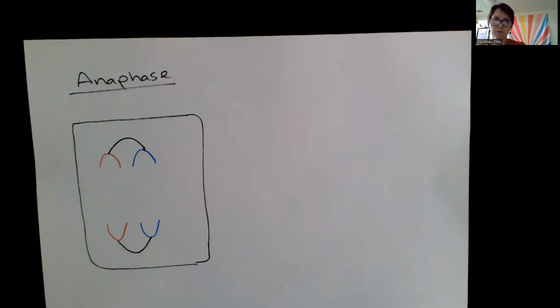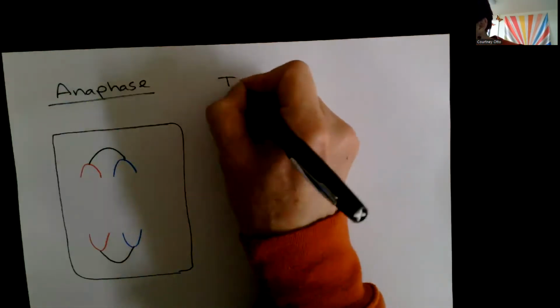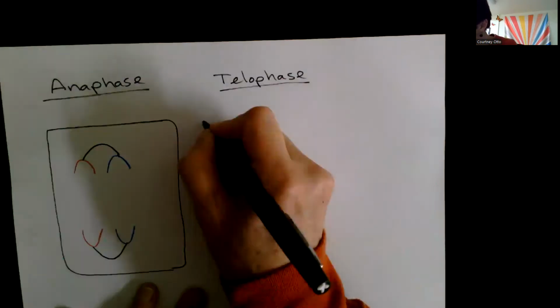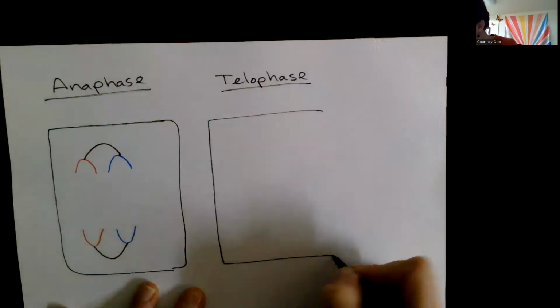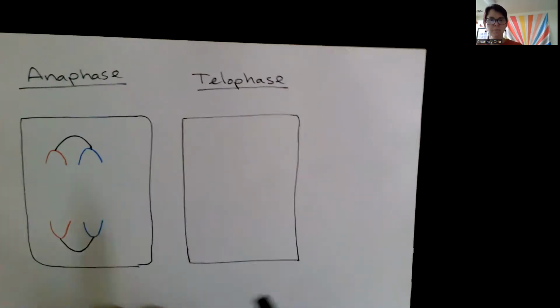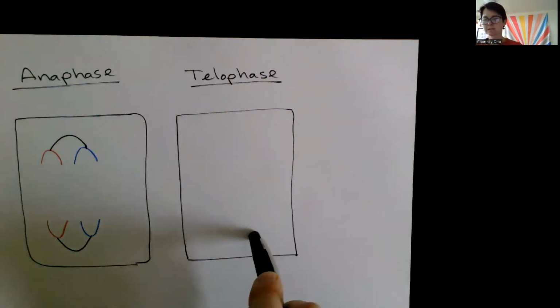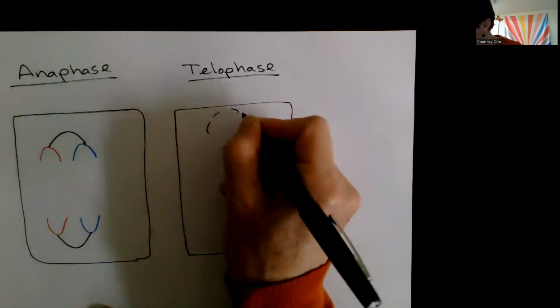Well, our last stage in mitosis is going to be telophase. Here's my little box again. Once again, representing my cell, right? Cell wall and cell membrane, cytoplasm in here. And what's going to happen in telophase is that we're going to get 2 nuclei reforming, right, at opposite ends of the cell. So we're going to get a nucleus reforming right here.